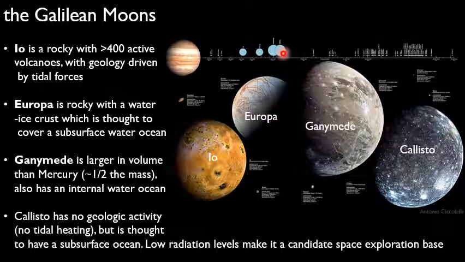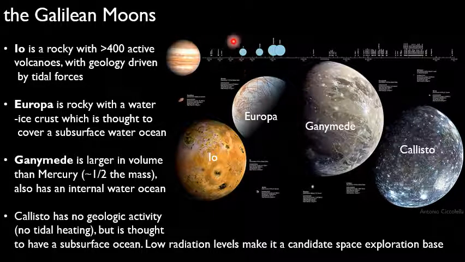It is thought to have a subsurface ocean, and what's neat about it is that because it's so far from Jupiter, it's far from the region called the radiation belt, where energetic particles can be trapped and bombard objects. We have a radiation belt around our Earth, and Callisto is outside of that, so it's not bombarded by radiation there. We're extremely far from the sun, right?